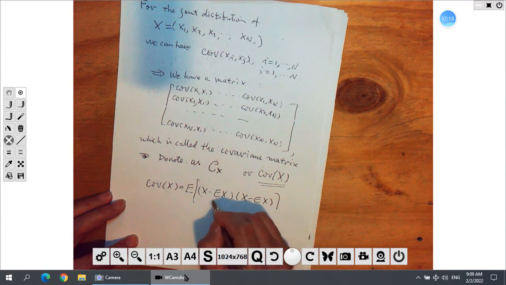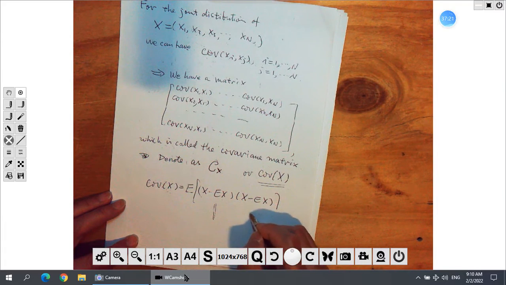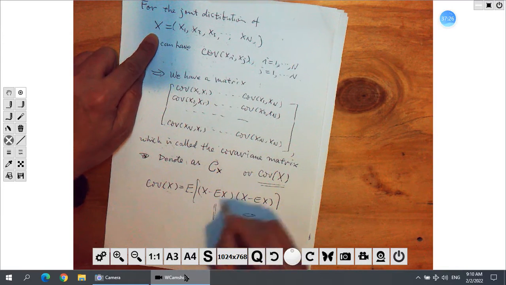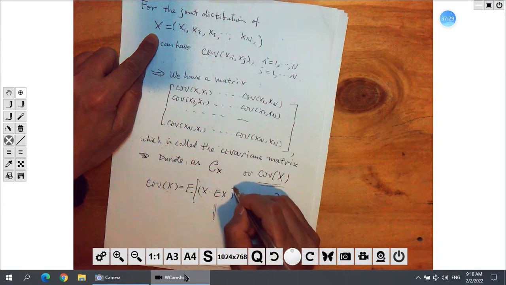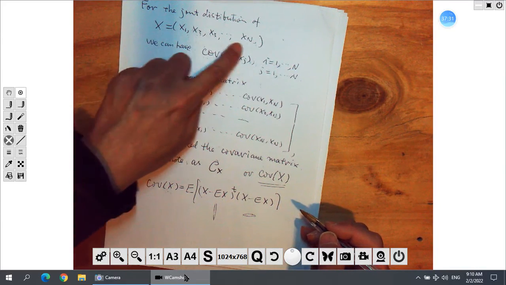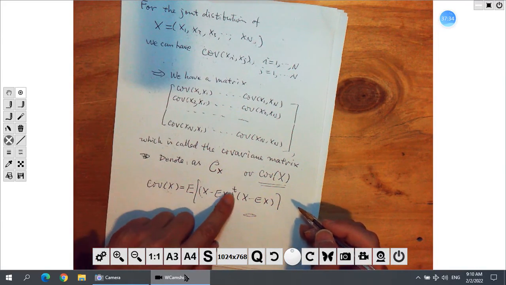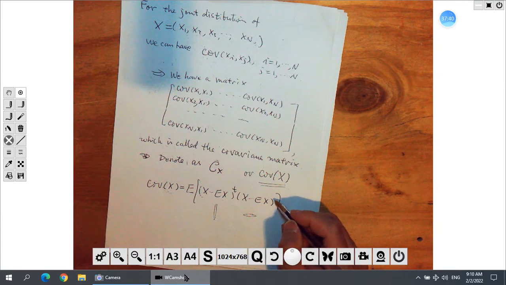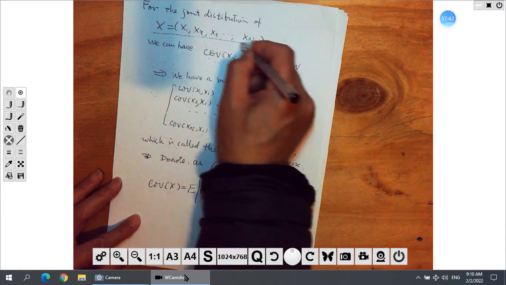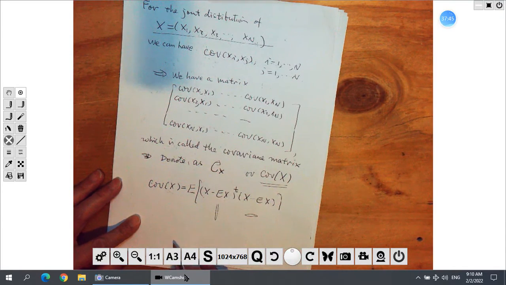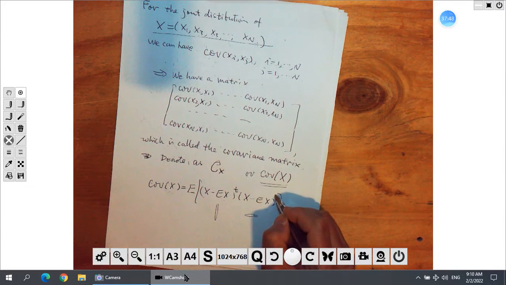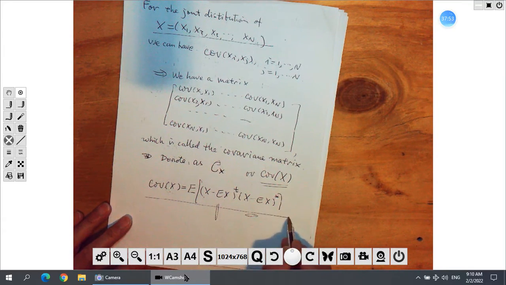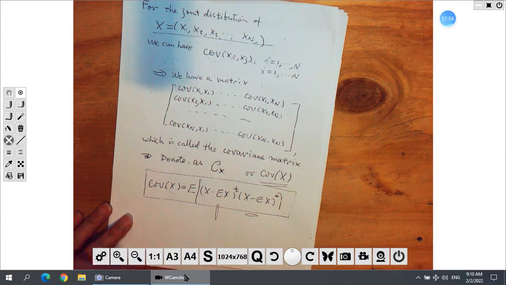One is a column vector and the other is a row vector, so you need to add a transpose, depending on how you describe it. In the complex case, you also need a conjugate here. So this is the covariance matrix.